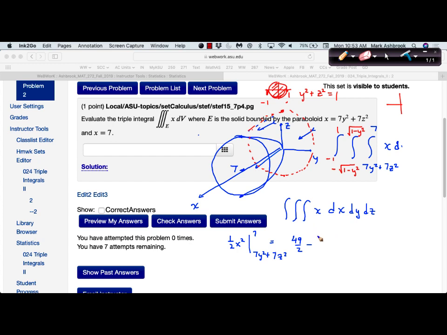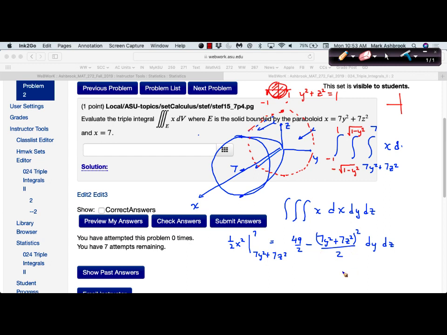Is that where the difficulty is? (7y squared plus 7z squared) squared over 2. Did I do the math right? And I'm going to integrate that from what to what? Now I'm doing that with respect to y. Easier to do polar. Maybe possible to do polar. So this is seemingly impossible here.